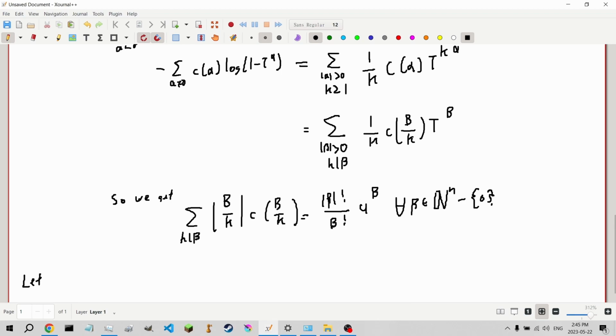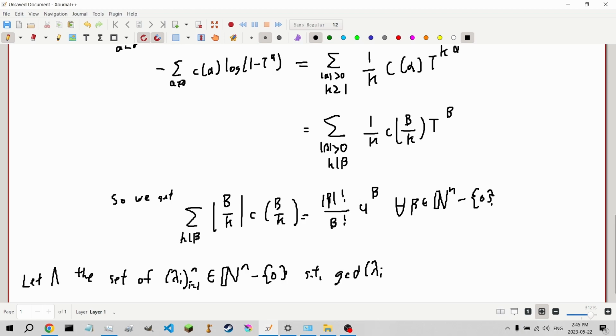Now let capital lambda be the set of elements lambda i in strings of n naturals, not all zero, such that the greatest common divisor, the GCD of our lambda i's, is 1.